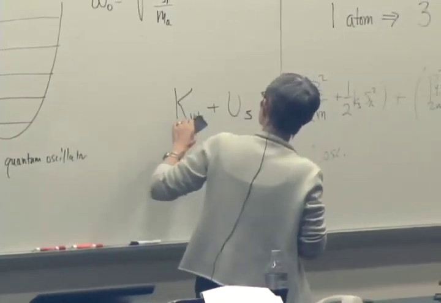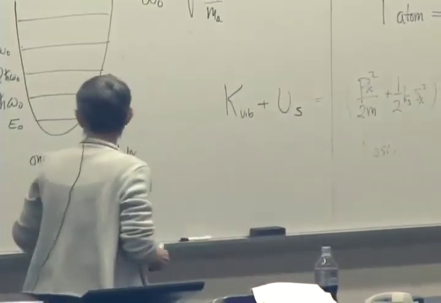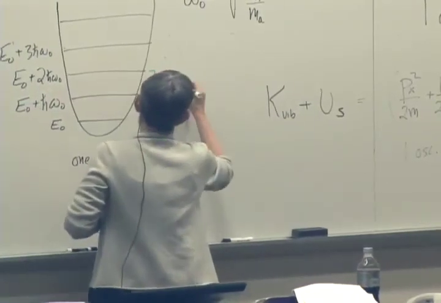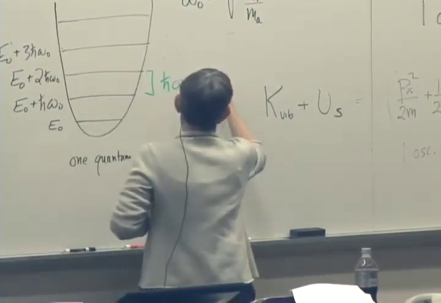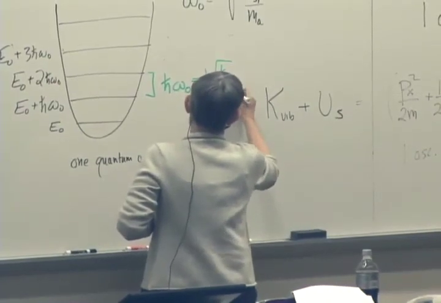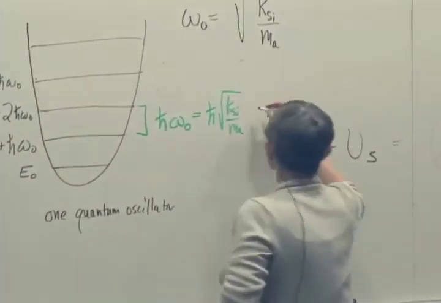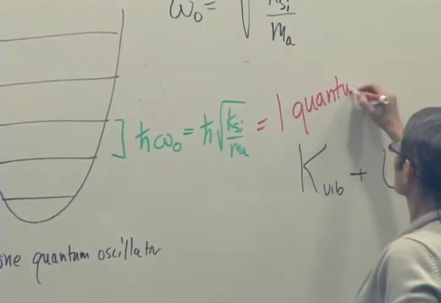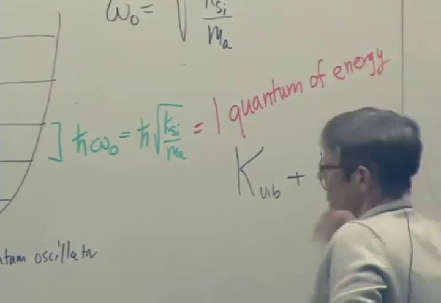And so, here's the important thing, we're going to call this quantity h bar omega 0, or h bar times the square root of the interatomic spring stiffness over the mass of an atom, one quantum of energy.